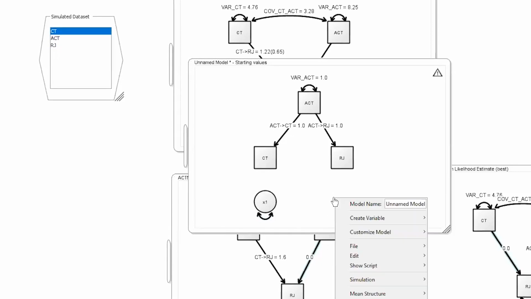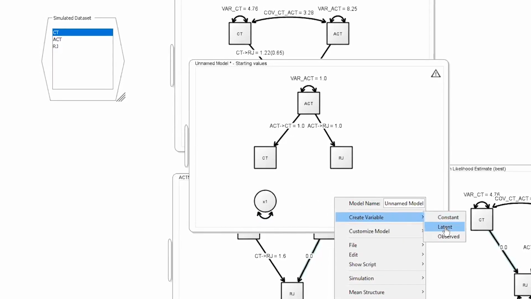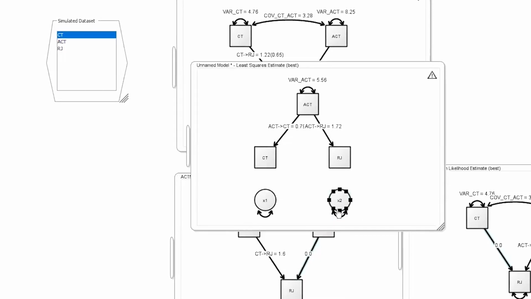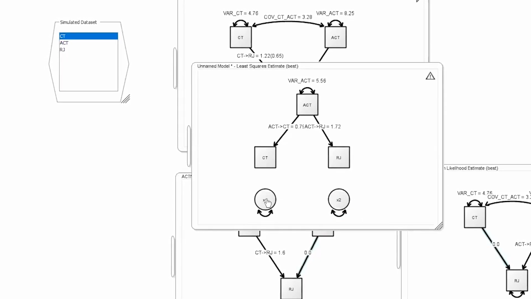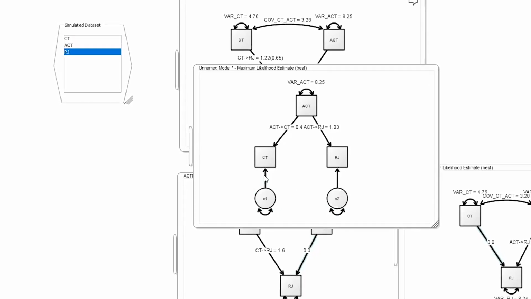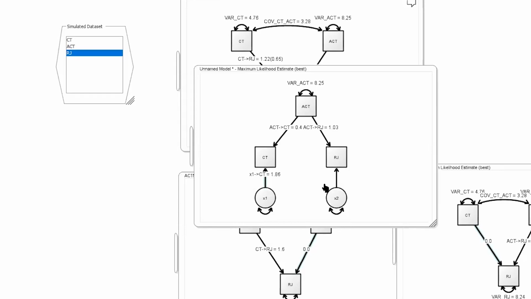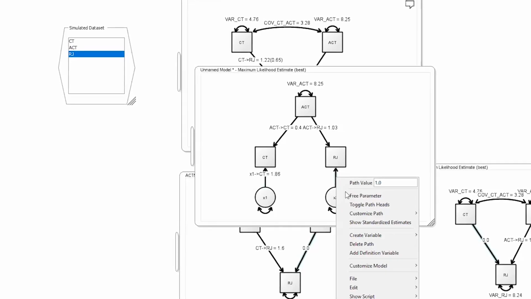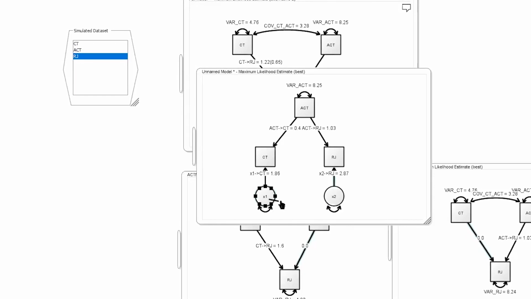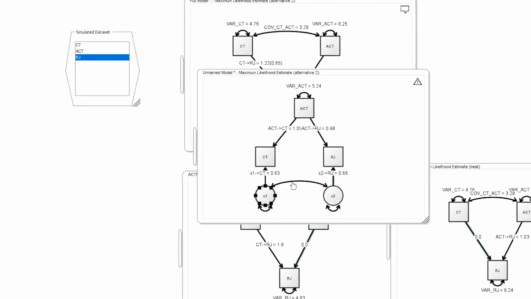I'm going to add another latent variable over here and fix its value to 1. I'm going to make a regression weight here, and a regression weight here. Free these values so that they are the error standard deviations. And draw a covariance between these two error terms, and free it.